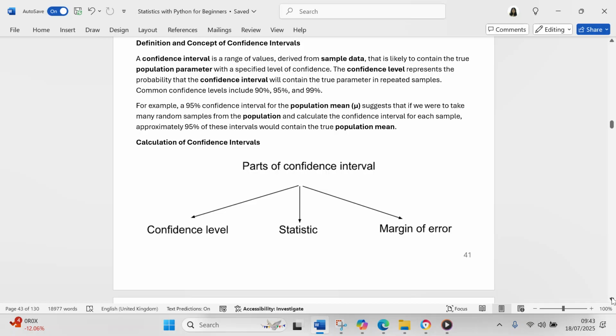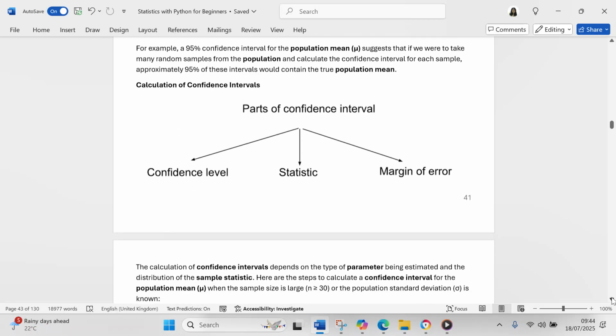For example, a confidence interval for the population mean, mu, suggests that if we were to take many random samples from the population and calculate the confidence interval for each sample, approximately 95% of these intervals would contain the true population mean. So you've got three parts of the confidence interval, being the confidence level, the statistic, and the margin of error.